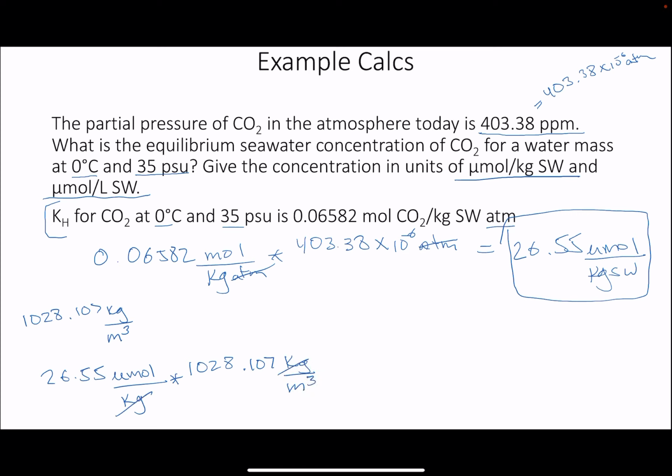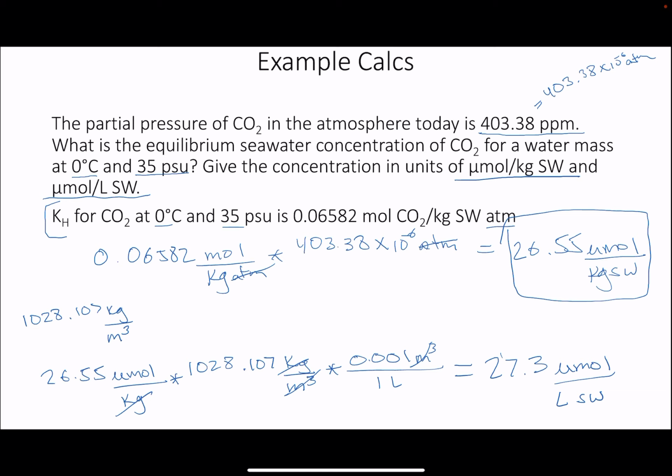So your kilograms cancel, but at this point you have volume in meters cubed, and you want volume in liters. You would just need to Google that conversion, which is 0.001 meters cubed is 1 liter. And so now you can cross off meters cubed, and what's left is micromole per liter. So you would do 26.55 times 1028.107 times 0.001. And that gives you 27.3 micromoles of CO2 per liter of seawater in this case.